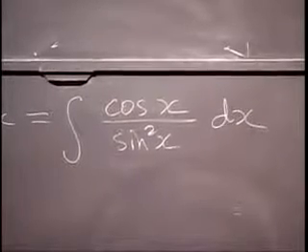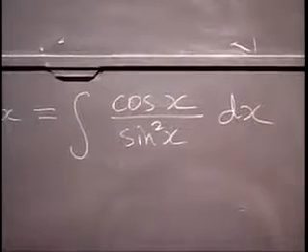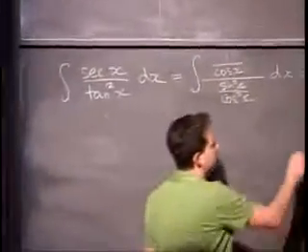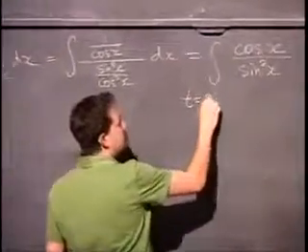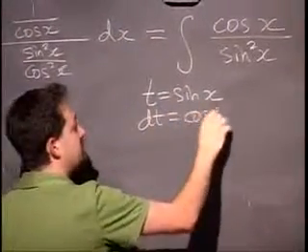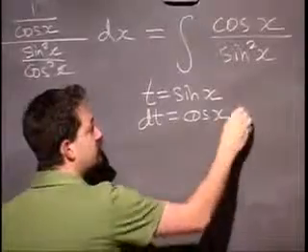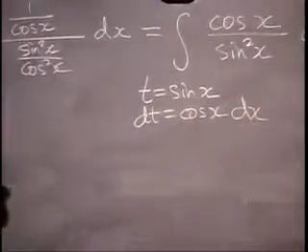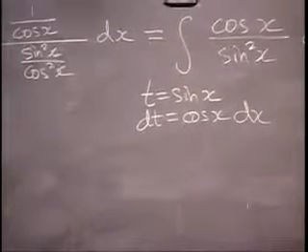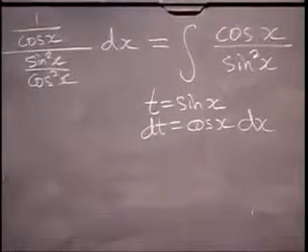Now there's an appealing substitution. Let t equal sine x. dt is cosine x dx. And this will work. And I want you to finish it and see if you can get the same answer as what I'm about to get by doing something really tricky.